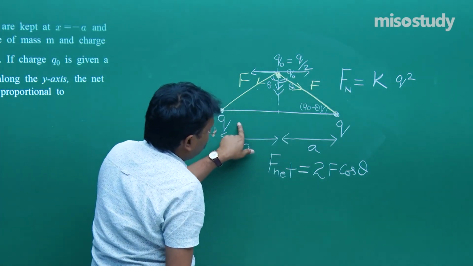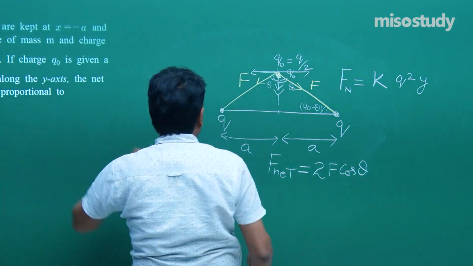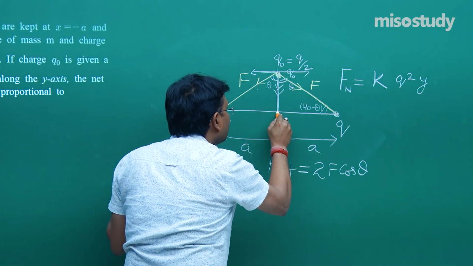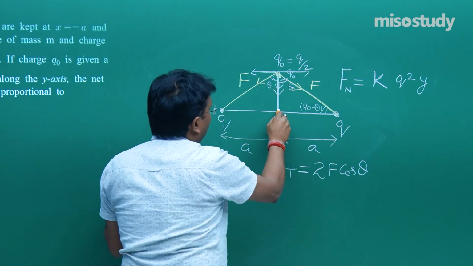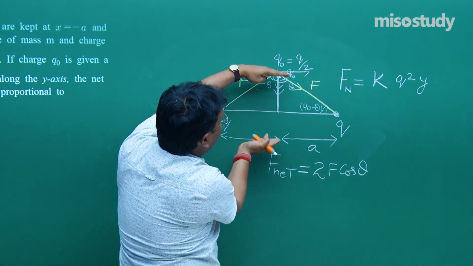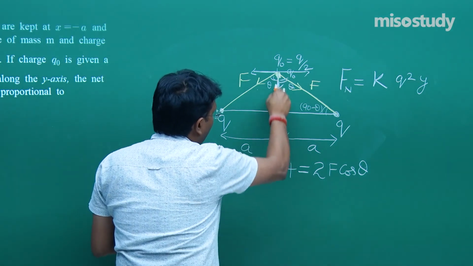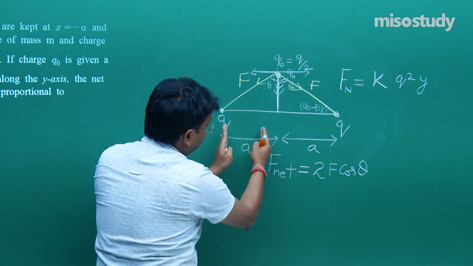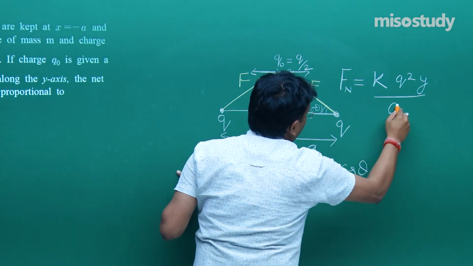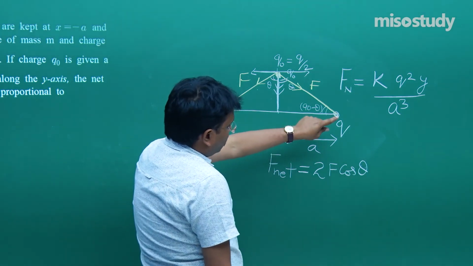Y is also given in the problem, this displacement is Y. And in the diagram, just to show you clarity, I drew it like this. Otherwise, it is given in the problem that Y is very, very less than A. Fine. Upon A cube.